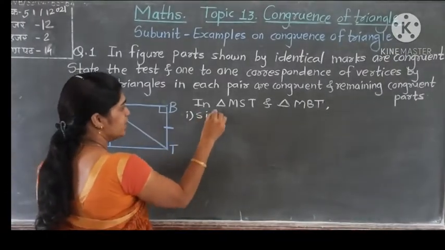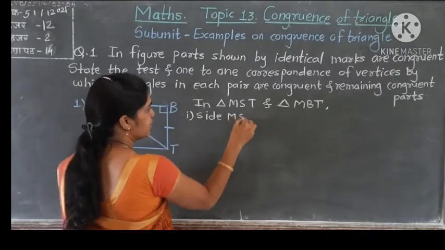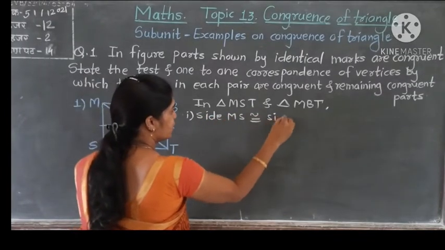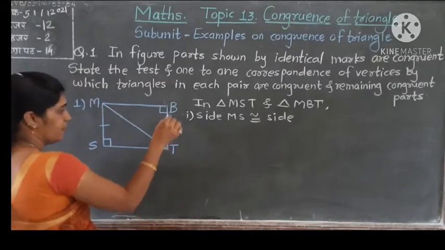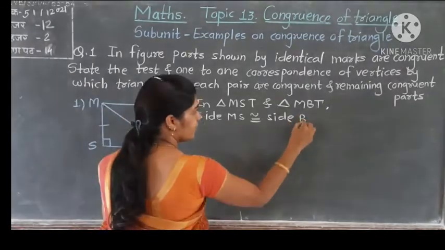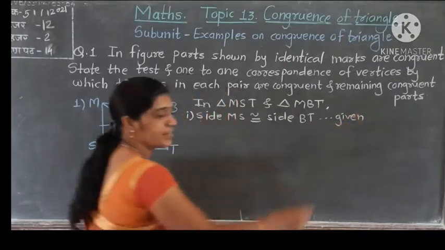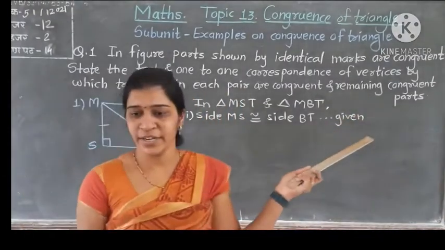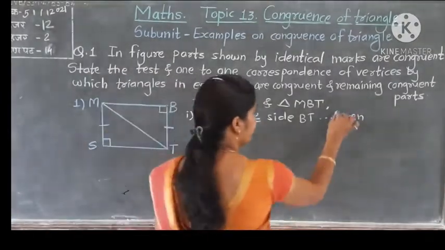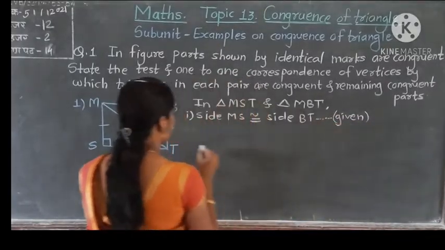First point is given: side MS is congruent with side BT. Given. Here we write the reason.